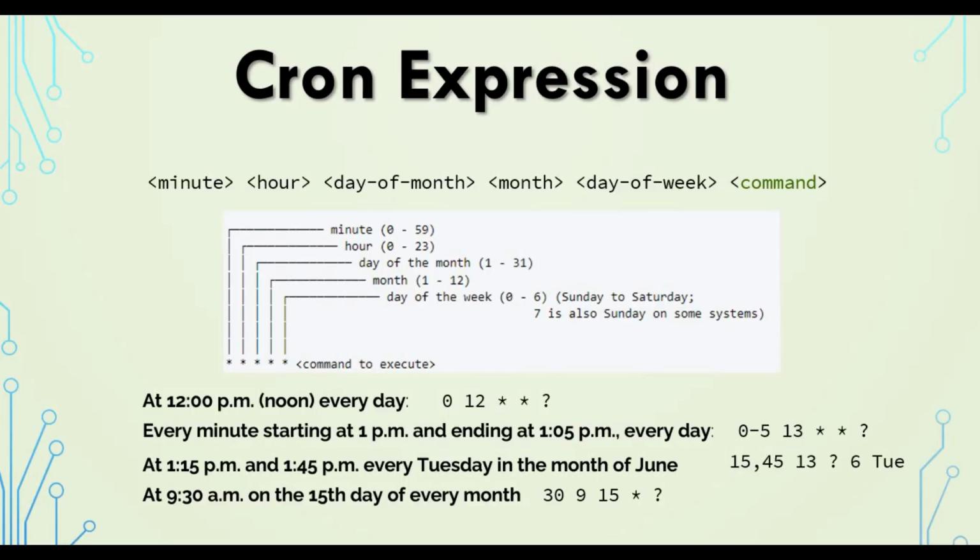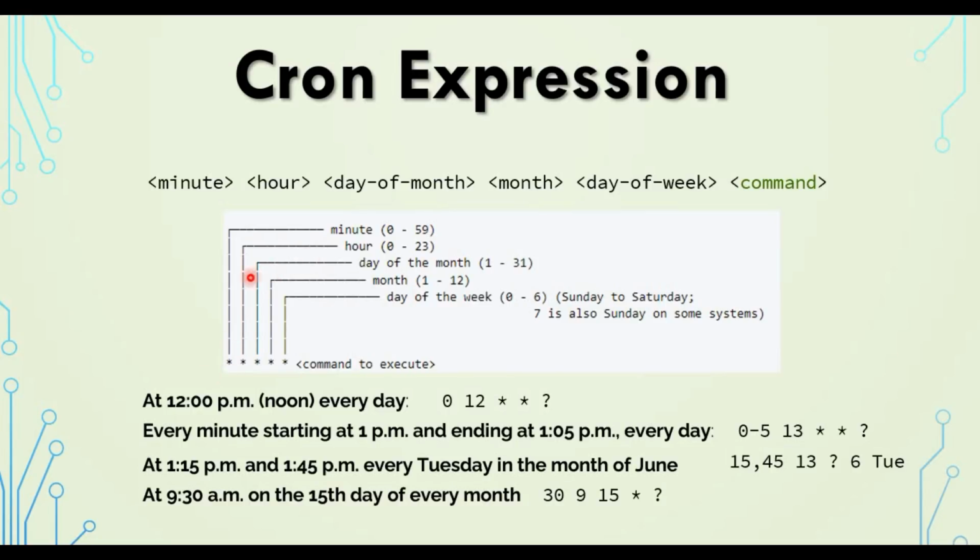When you talk about cron, if you are not very clear, you should know that a cron expression has different sections, five parameters: minute, hour, day of month, month, and day of week, and then comes the command. So the cron line looks like star star star star star and then the command to execute.